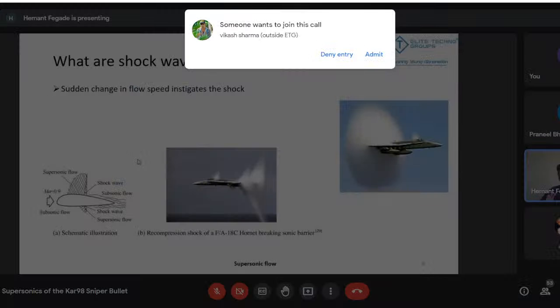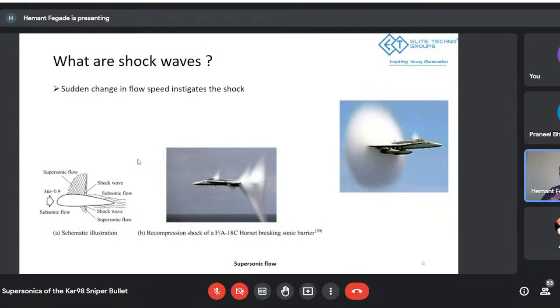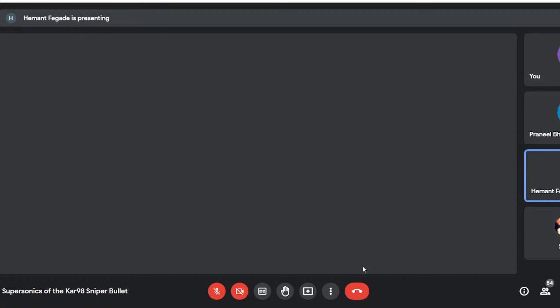Going from subsonic to supersonic requires very advanced technology and very accurate precision in order to achieve that flight. That's why jets capable of supersonic flight are more expensive and not feasible for general operations.